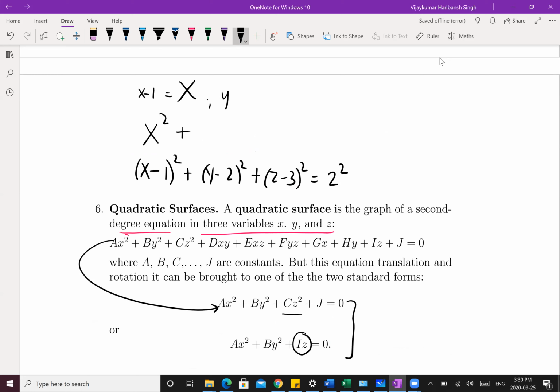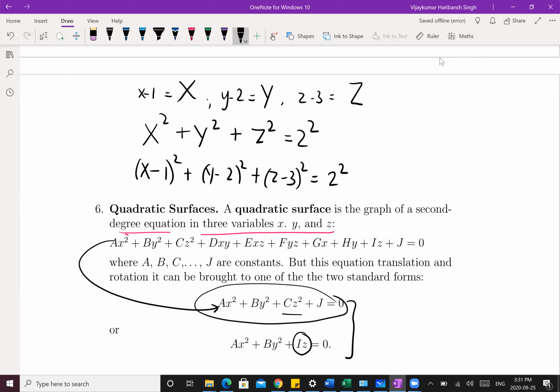Similarly, put y minus 2 as capital Y and z minus 3 as capital Z. So this becomes X squared plus Y squared plus Z squared equals 2 squared. This is the kind of transformation we are talking about. Using it, we can study all kinds of quadratic surfaces by doing translations and studying one of these forms.